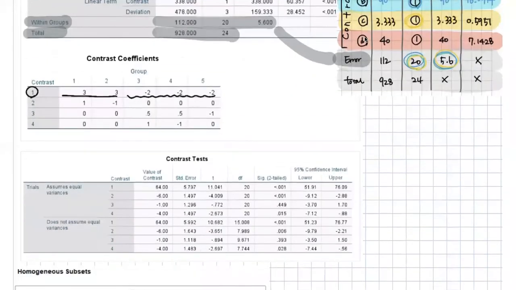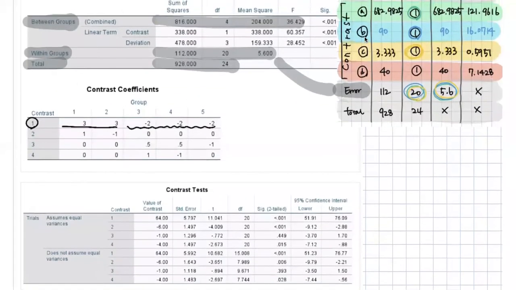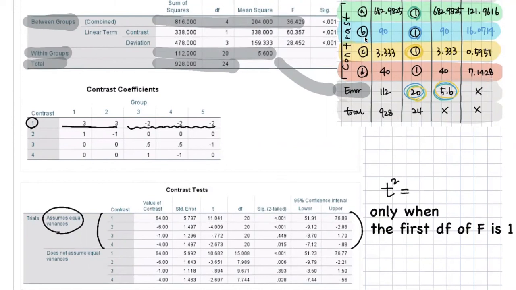And here is the contrast test. Let's assume that equal variances are met. We are going to look at the first part of the table. Since there is a relationship between t and F values, if we square t, that is the same as our F value.